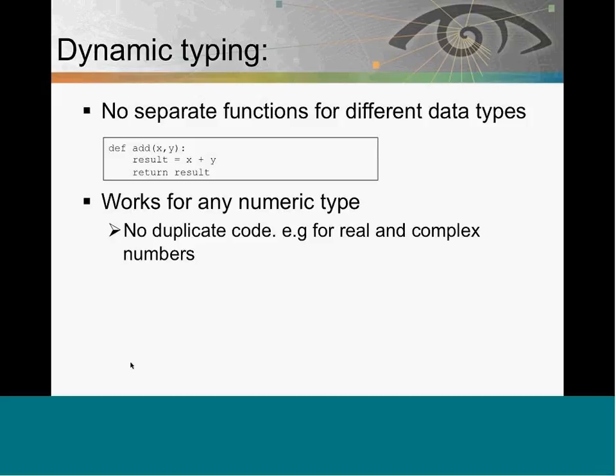To this function I can pass an integer, I can pass a complex number, I can pass a float. In other languages you have to cast from one data type to another before you do this operation, while in Python it's doing it implicitly, so you don't need to worry about conversion or anything like that. Because of this, you don't need to write duplicate code.